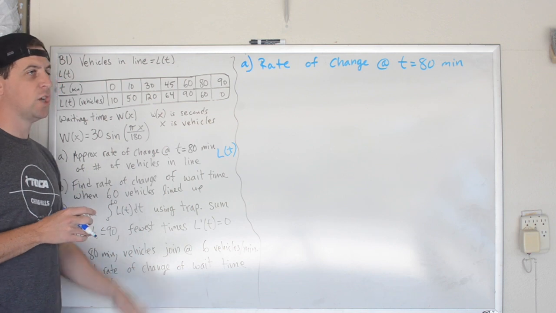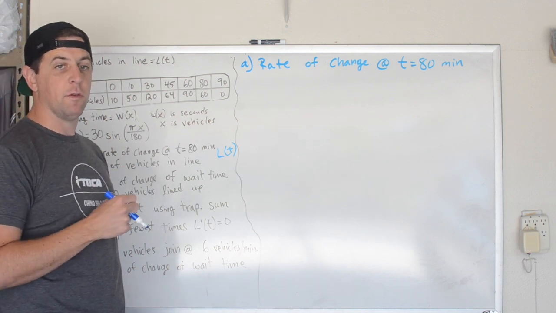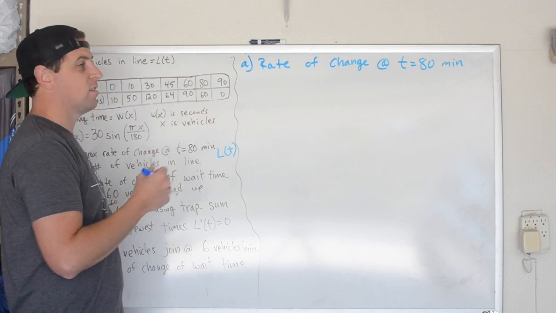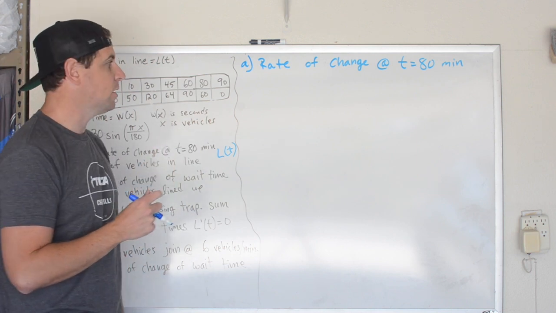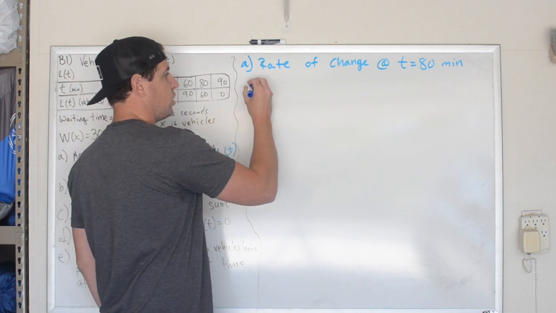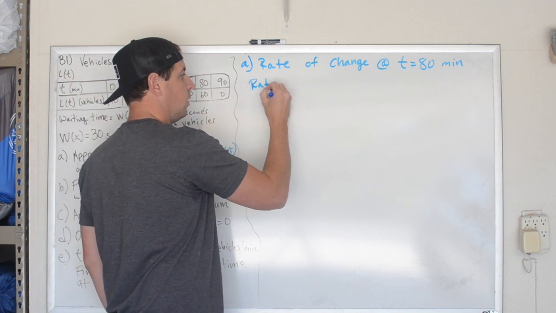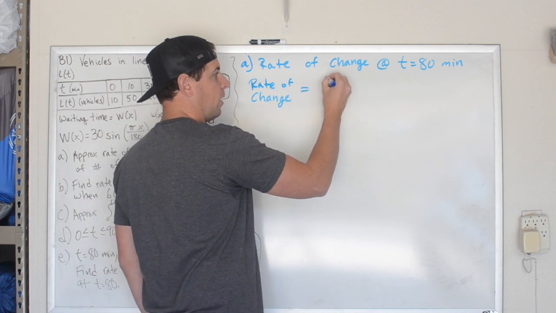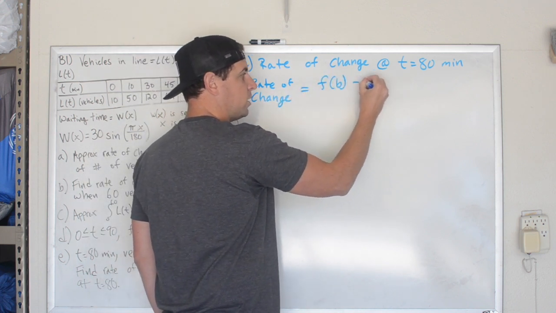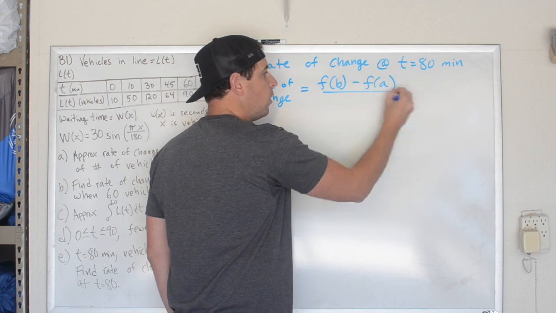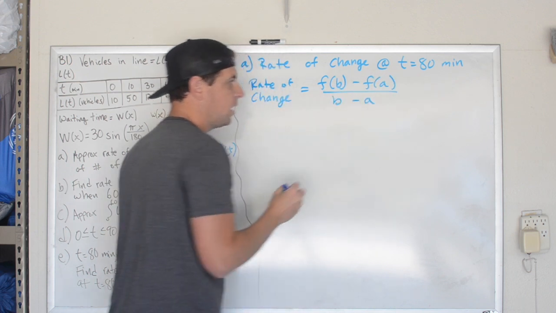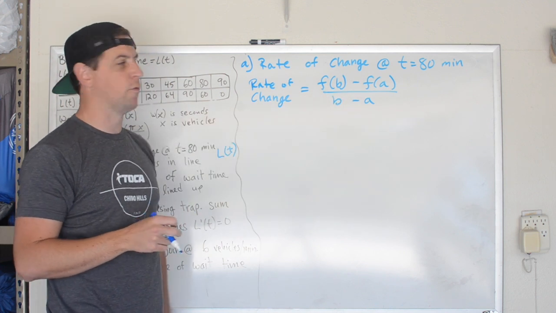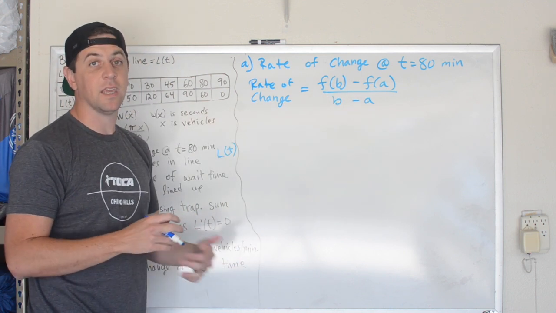So if we can't find the derivative, we want the slope of the tangent line, but that can't exist, so we're going to get the slope of a secant line. That will give us the rate of change. So our rate of change is the slope of the secant line, that's f of b minus f of a over b minus a, so y2 minus y1 over x2 minus x1. We're finding the slope of a secant line.